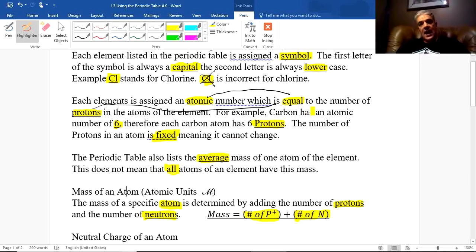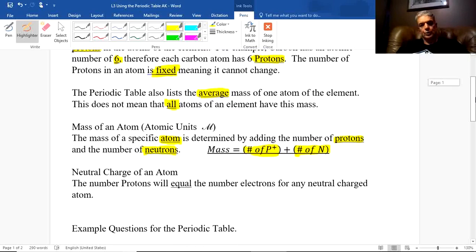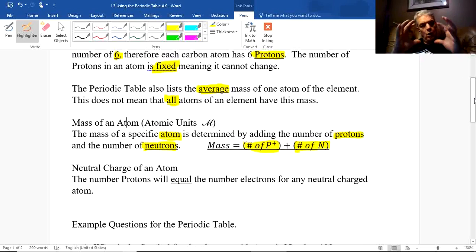For now, we're going to stick to looking at atoms that have a neutral charge. That means the whole atom, everything in it, has an equal number of positives and an equal number of negatives. So we say that the number of protons will equal the number of electrons for a neutral charge. So this is really important.